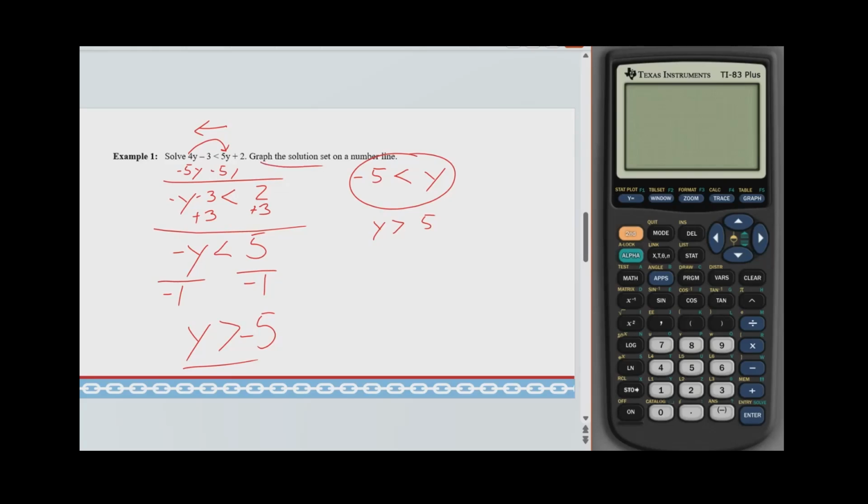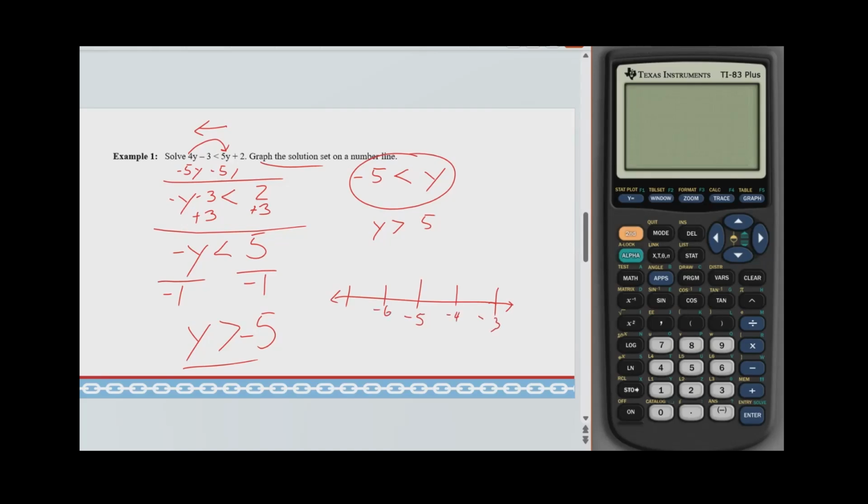We are asked to then graph the solution set on a number line. We weren't provided a number line here, so we're going to sketch out our own. Put some arrows on both sides. Ultimately, all I need on that number line is this negative 5. So this would be negative 4, negative 3.